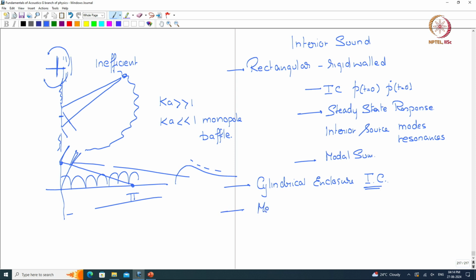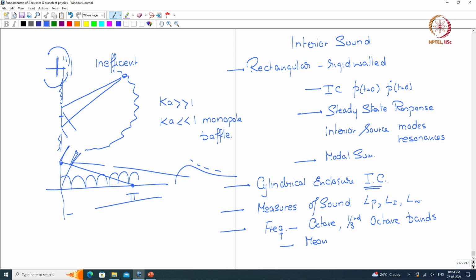how to measure sound, measures of sound. We had sound pressure level, sound intensity level, sound power level, and how to break it up into frequencies, in octave bands and 1/3 octave bands. How mean square pressures, mean square values can be added.